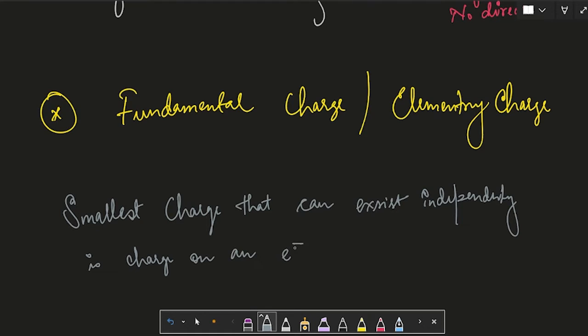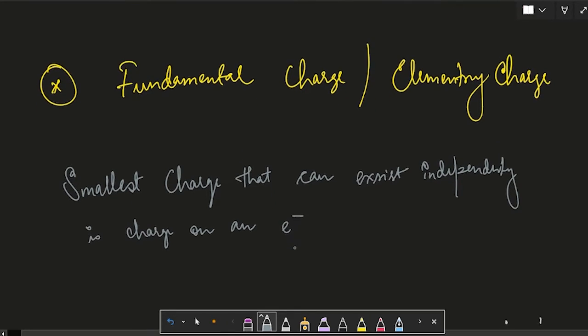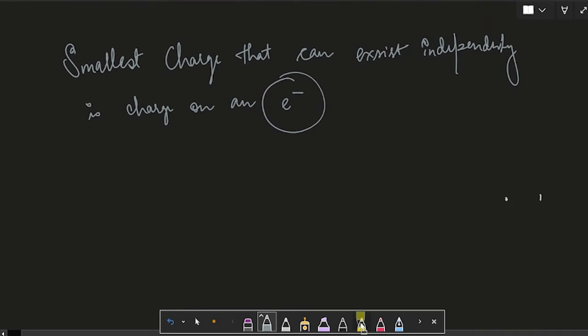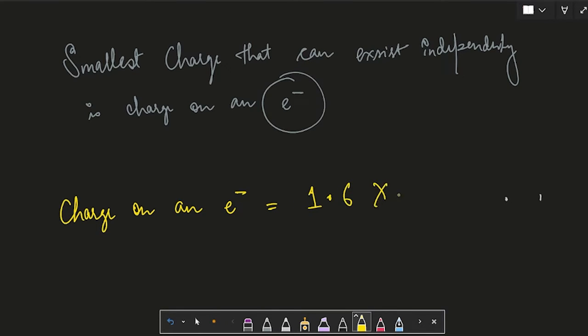So the smallest charge that can exist independently in a space is known as the charge on an electron. And we have a fundamental value that is experimentally discovered. So charge on an electron is 1.6 into 10 to the power minus 19 coulomb.